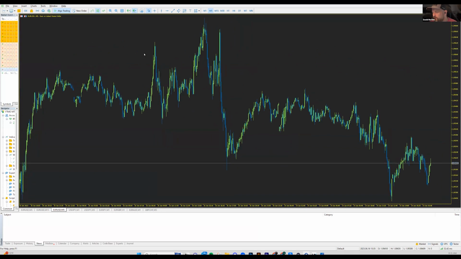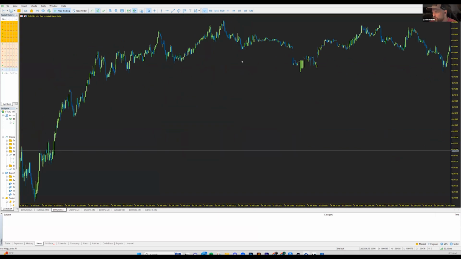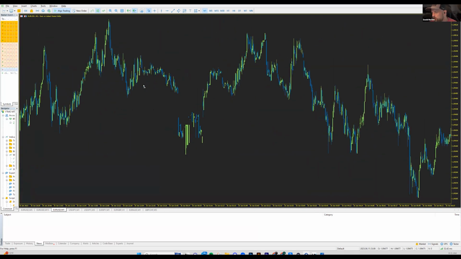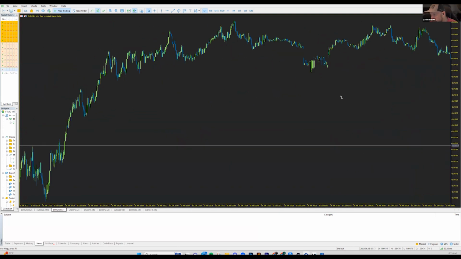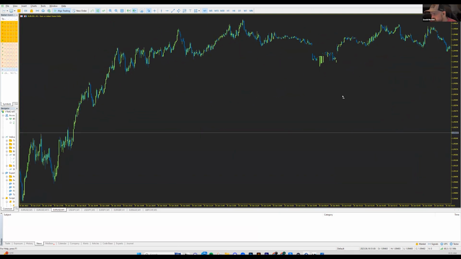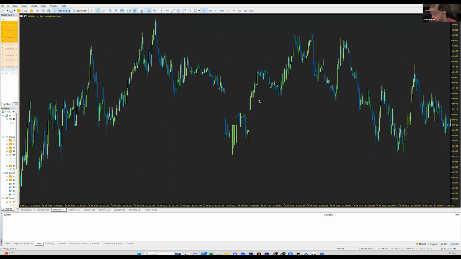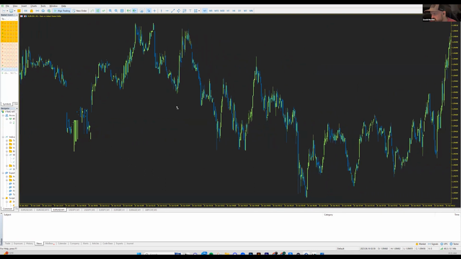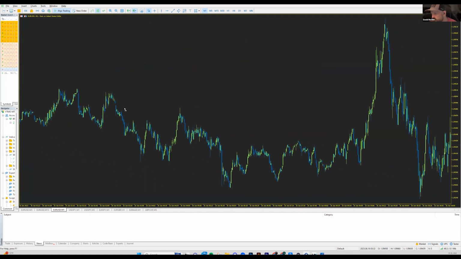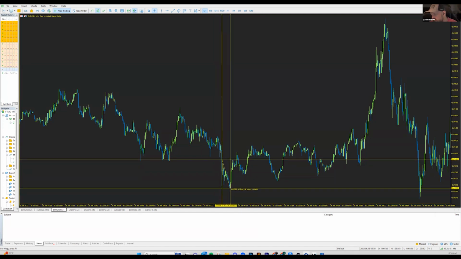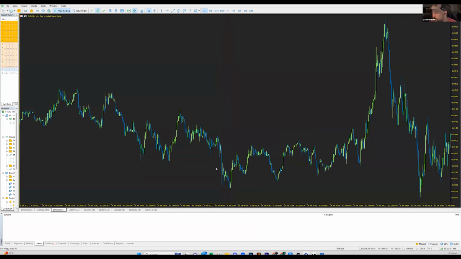Right here on the 5-minute chart, and we'll go to the 1 minute, I think. There you go. Okay, it was right here. I think it was this right here. Yeah, a 50 pip run.